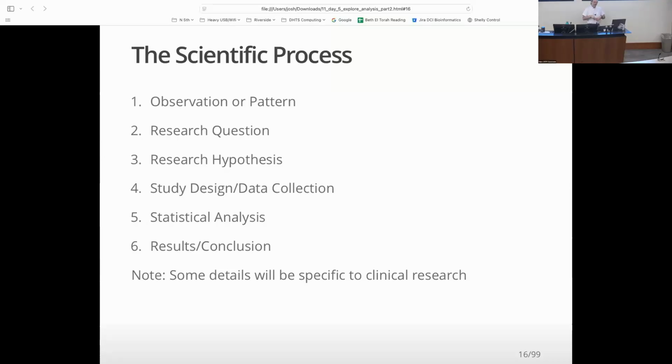You might start with some sort of hypothesis and then go back to an observation or have a research question. So the order isn't always so linear and straightforward. It's going to depend on the science being done and on the field. This is a theoretical, philosophical way of simplifying things, but the real world tends to be messier.